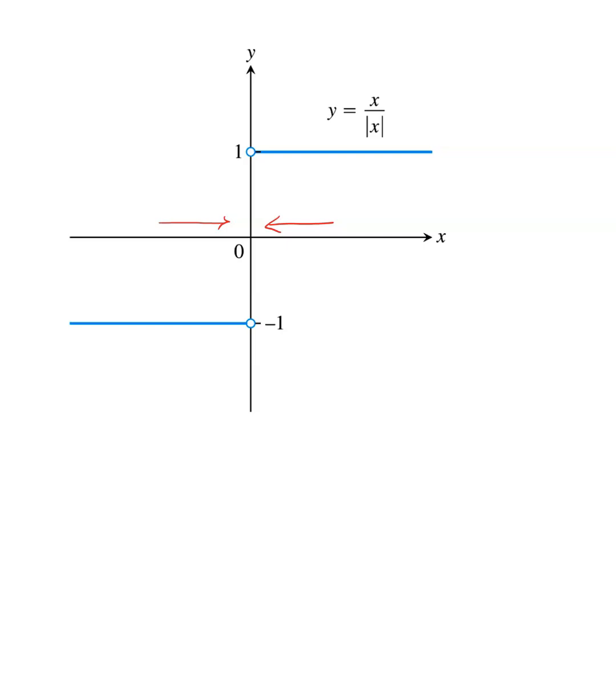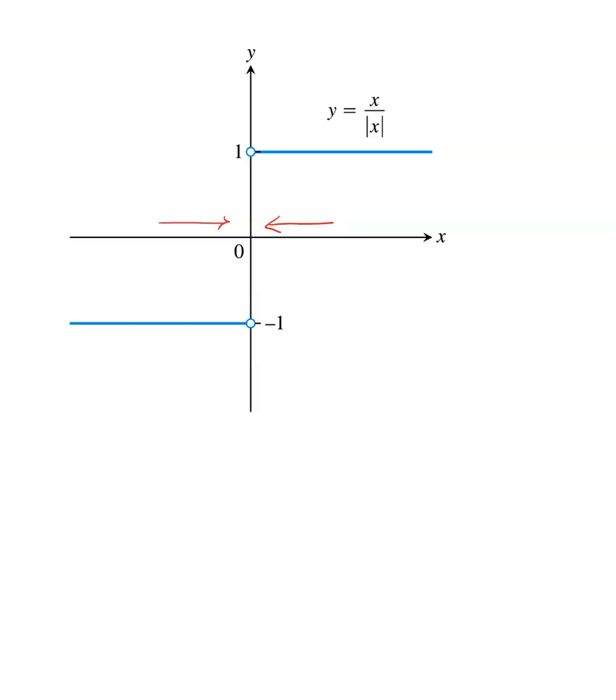So you see that break or that jump there. And clearly, as we approach 0 from the left and the right, we do not have one same value to which the graph approaches. Instead, it approaches two separate values. So this is a case of one-sided limits. So we don't have a two-sided limit.